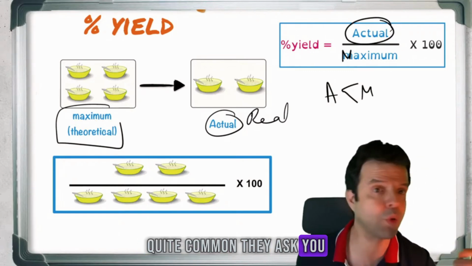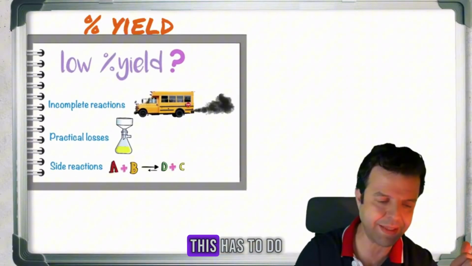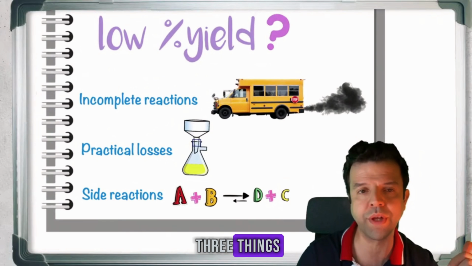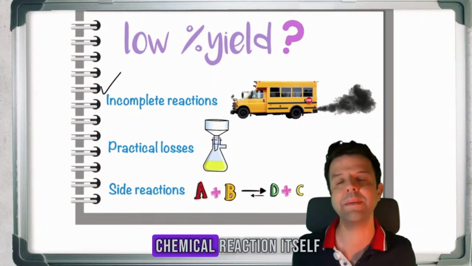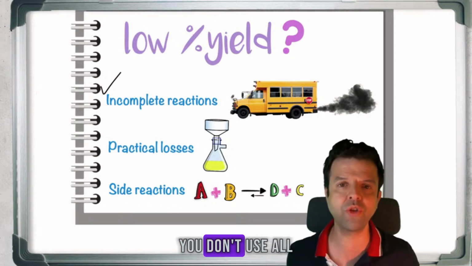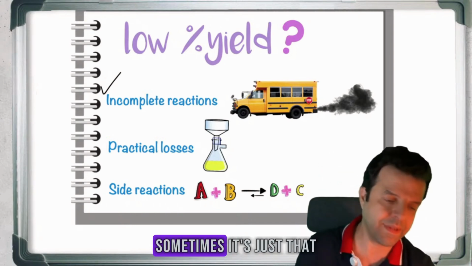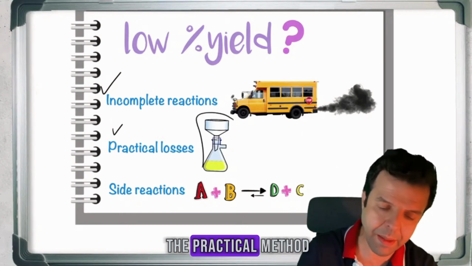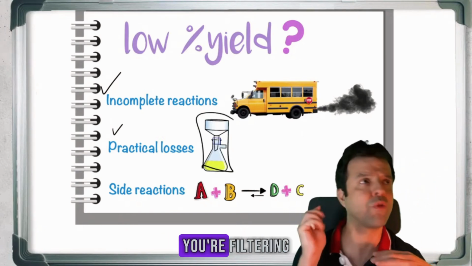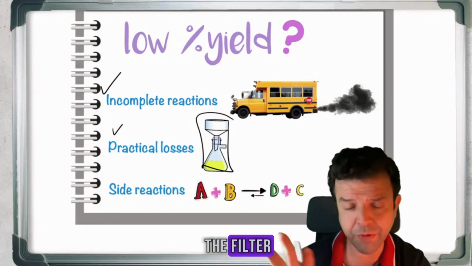Quite commonly, they ask you, why is it that your percentage yield is low? You'll tell them this has to do with one of those 3 things. One reason is the chemical reaction itself. Sometimes, like incomplete combustion, you don't use all of your reactants; some is left over. Sometimes it's just the practical method: when you're filtering, some of your reactants are stuck in the filter paper.